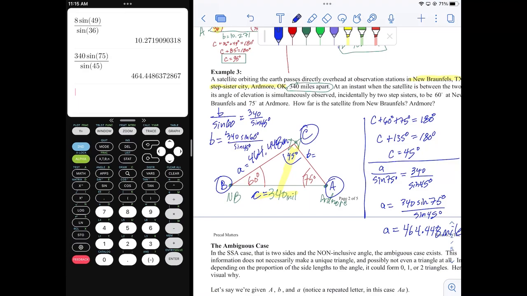That gives 416.413 miles. So yes, Ardmore was closer to the satellite, which meant they were getting better satellite reception on their satellite internet.